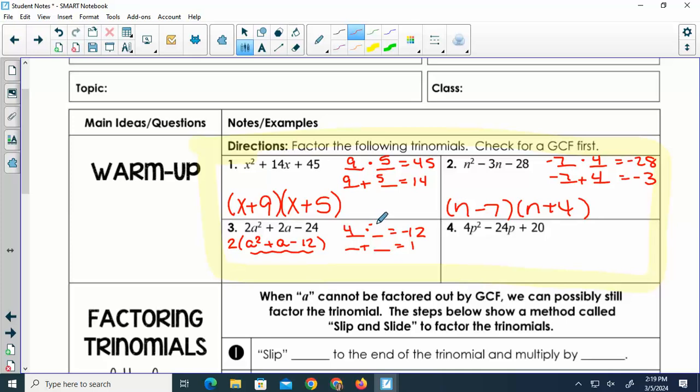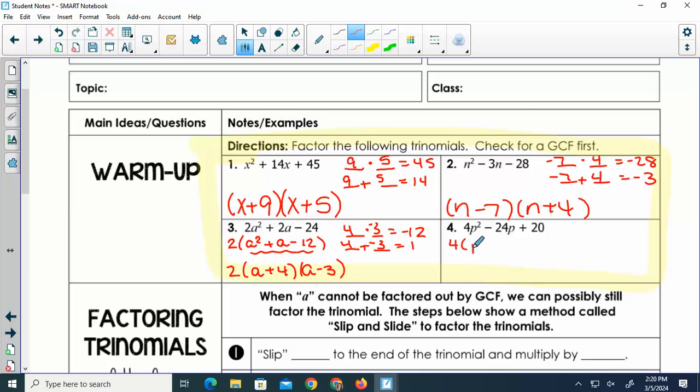Positive 4, negative 3. So the 2 just stays out in front. Then we have a plus 4, a minus 3.